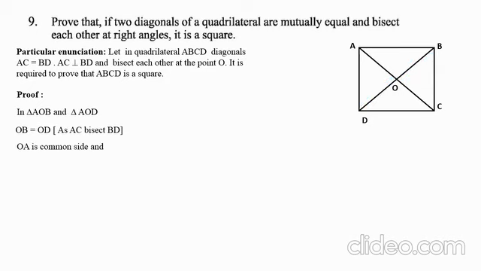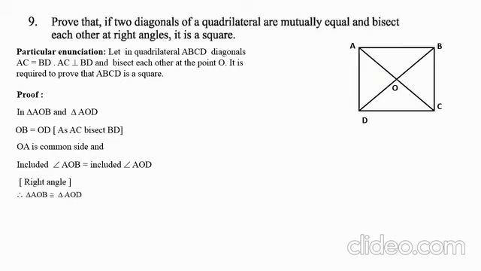OA is their common side and included angle AOB equals included angle AOD as they bisect each other at right angles. So angle AOD must be equal to angle AOB equal to 1 right angle.